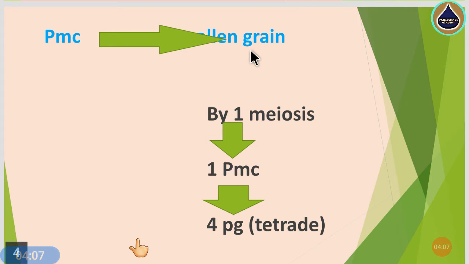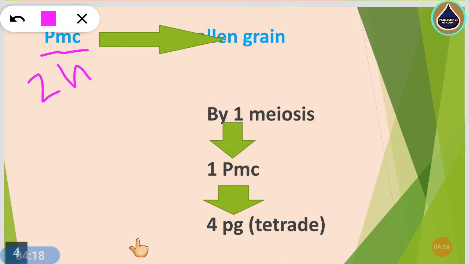This pollen mother cell, PMC, which is 2n and has the double number of chromosomes, goes for meiotic cell division, and by meiotic cell division this pollen mother cell converts into pollen grains.